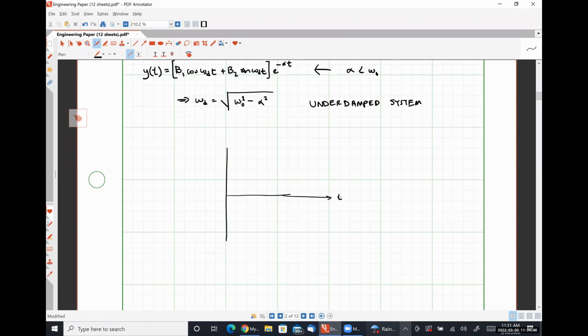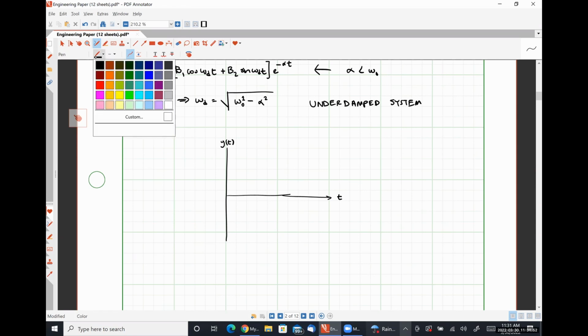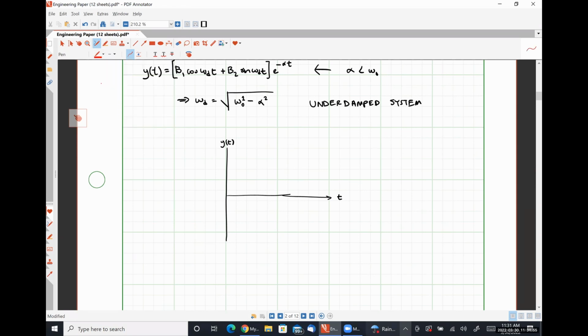So here's t, here's y as a function of t, and for an underdamped system, we should expect to see some sort of ringing like this, where I've drawn this kind of poorly, but it'll be okay.